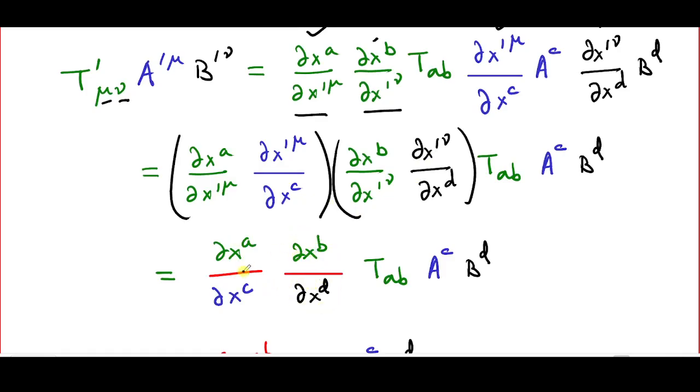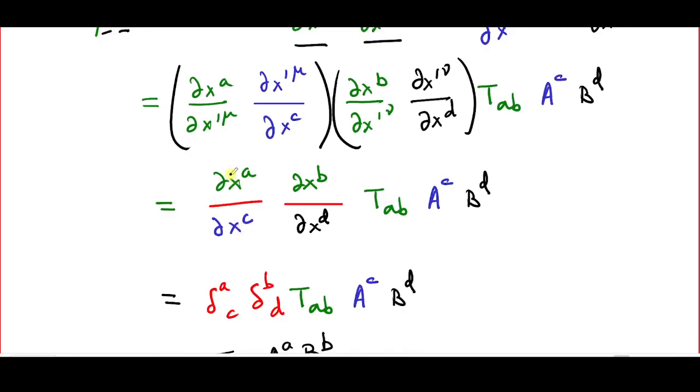And now notice that x^a's are of course independent. So if you were to differentiate x^a with respect to x^c, you are going to get a 0 unless a and c are equal, and 1 if they are equal. So this is really δ_ac and this one is δ_bd. So now our sum has become much simpler. a c and b d have delta symbols attached to them, which means that unless a and c are equal, you are going to get a 0.